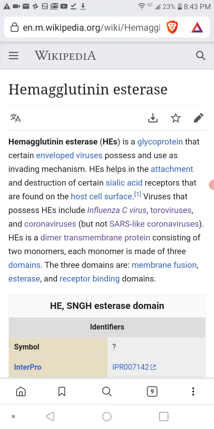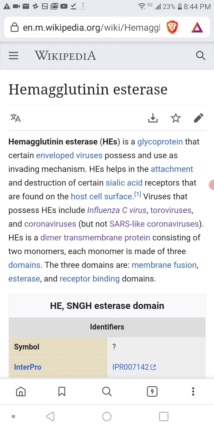HE helps the attachment and destruction of sialic acid receptors that are found on the host cell's surface. Viruses that possess HEs include Influenza C virus, torovirus, and coronavirus. It goes on to say, but not SARS-like coronavirus. So they're trying to separate SARS-like coronavirus from other coronavirus, even though all coronavirus arose from the same ancestor.